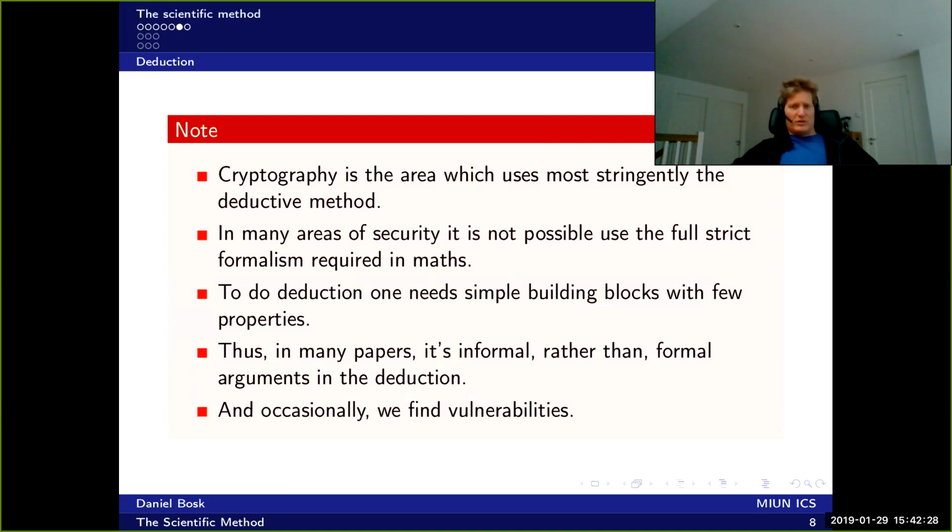To do deduction, one needs very simple building blocks with very few properties, because otherwise it will basically explode. You will have too many things to work with. So in many papers, the arguments in the deduction are informal rather than formal, and occasionally we thus find vulnerabilities.